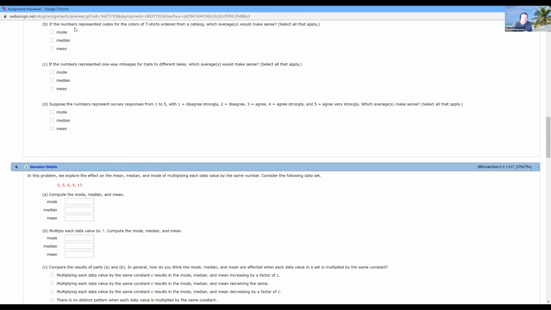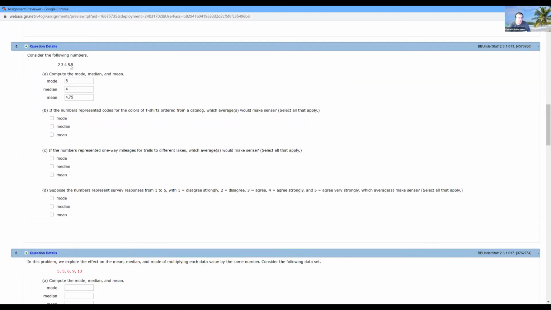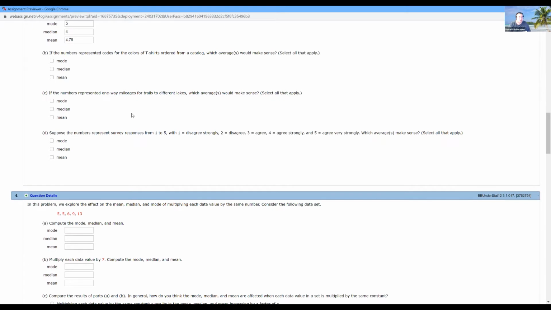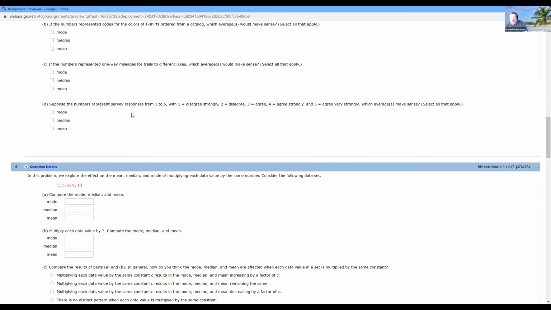Now, this here is a little bit vaguer. If the numbers that you're using represent codes for colors, so the 1 is red t-shirts, and 2 is blue t-shirts, and 5 is green t-shirts, some code like that, which measure of average would be the most sensible to apply to the data?